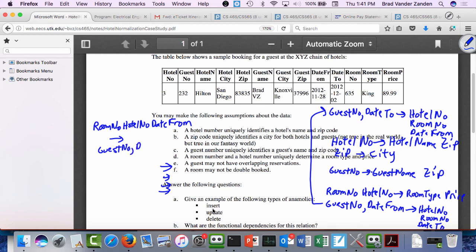Very good. And as before, we can come up with a second one, which is room number and hotel number and date 2 will determine guest number and date from.